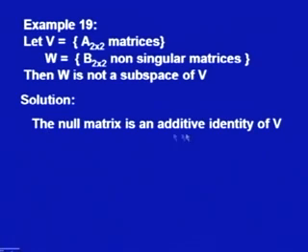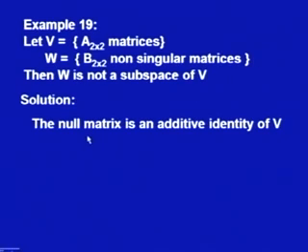So, one can say that the null matrix is the additive identity of V. This belongs to V. It is a 2 by 2 matrix, it is a vector space. So, the null matrix has to be there in V, but if we want the null matrix also in W, then it has to be a non-singular matrix. It is not a non-singular matrix.